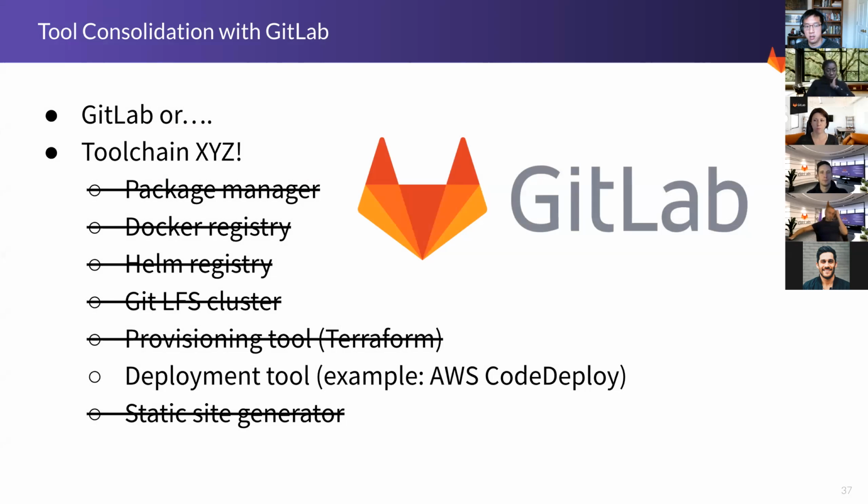Things that we discussed are needing servers to serve as package managers, either a server or having an account on some other SaaS for your container images, your Helm charts, additional servers potentially for Git LFS clusters. Talking about provisioning tools, right? Something like Terraform, deployment tools, and also generating simple websites.